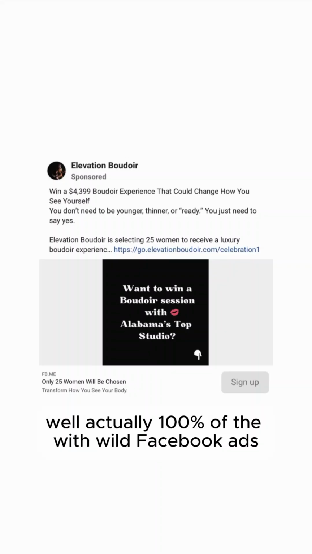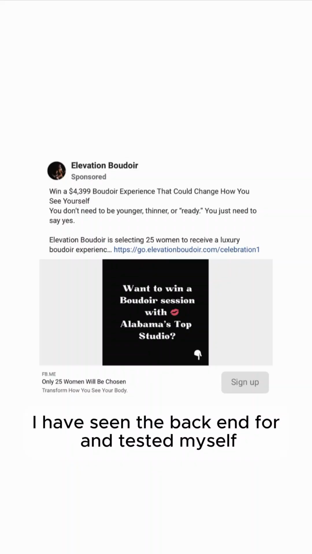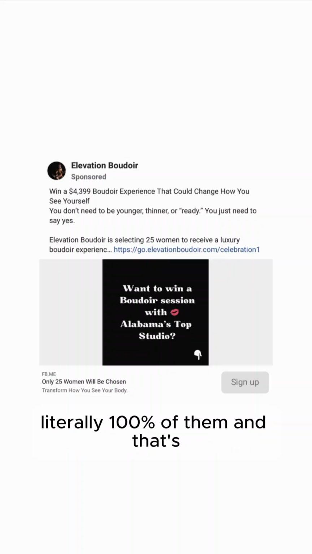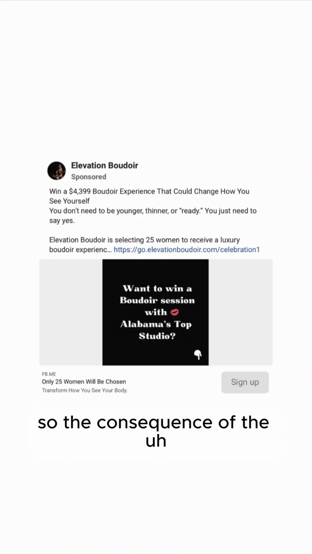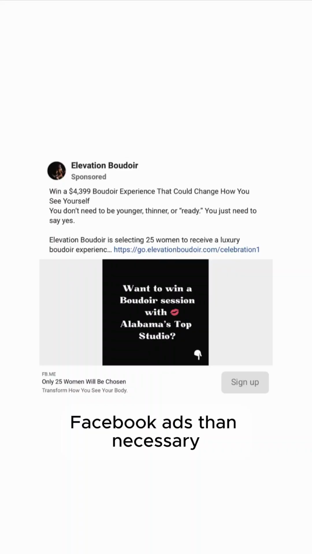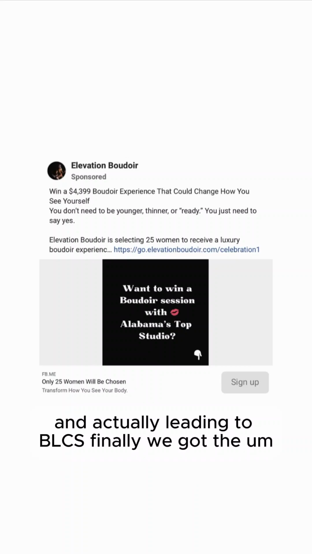Well, actually, 100% of the Boudoir Facebook ads I have seen the back end for and tested myself have had BLCS, literally 100% of them. And that's because everyone's making the same mistakes as everyone else. So the consequence of the looks like an ad mistake is we're going to have way more women scrolling by our Boudoir Facebook ads than necessary, pulling our unique CTR under 6% and actually leading to BLCS.